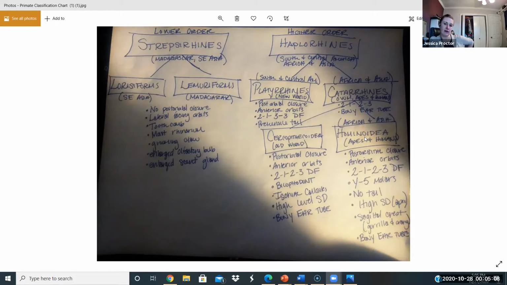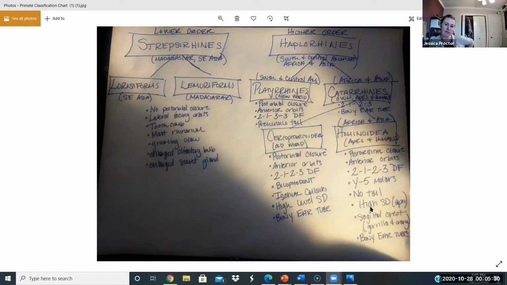And then your other superfamily is the Hominoids, or Hominoidea, which includes apes and humans. They have, just like the other Haplorhines, post-orbital closure and anterior facing orbits. And like all the Catarrhines, they have a 2-1-2-3 dental formula. What helps distinguish them is they have the Y-5 molar pattern. They have a lack of a tail.